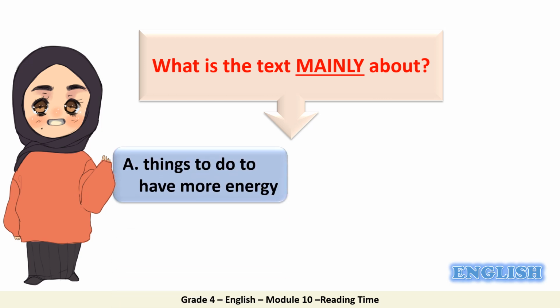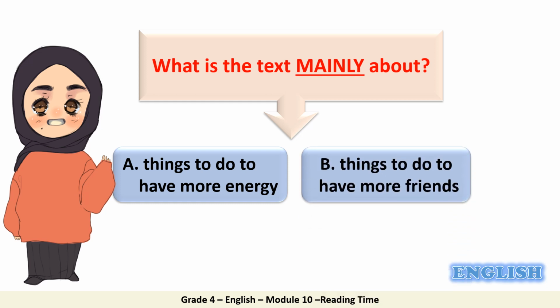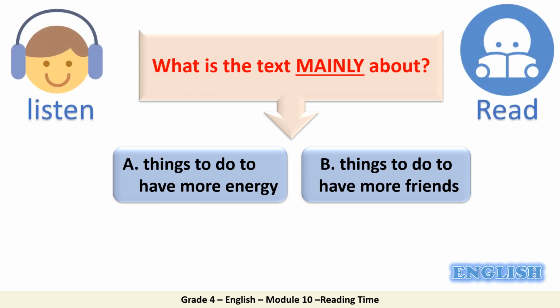Is it about things to do to have more energy or things to do to have more friends? Put one answer in your head. Keep it, and when we listen and read, you can find out if your prediction was correct.